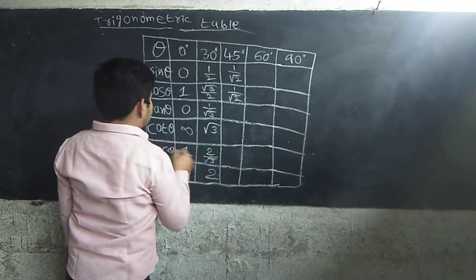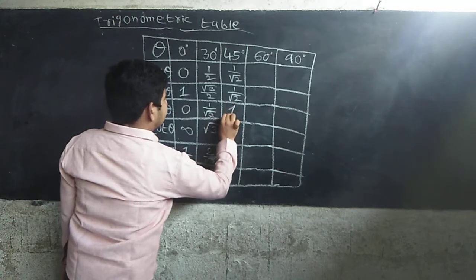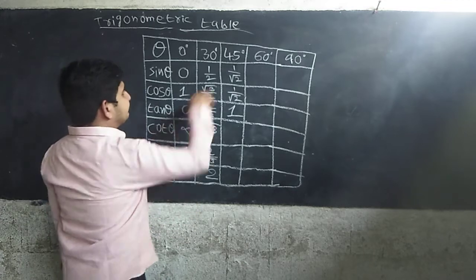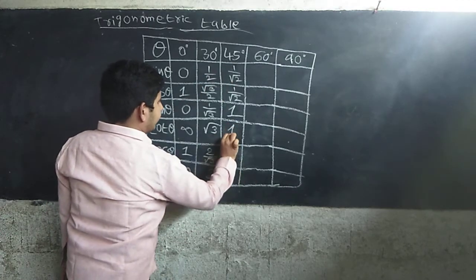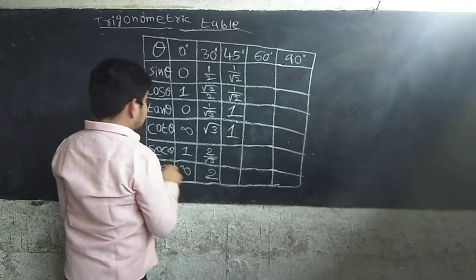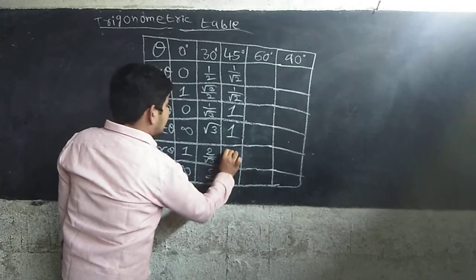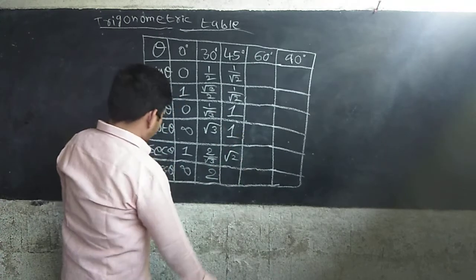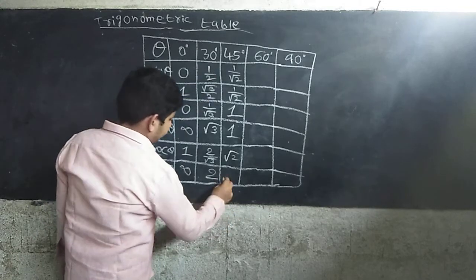Then tan 45 is equal to 1. Cot 45 is equal to 1. Sec 45 is equal to root 2. And cosec 45 is also root 2.